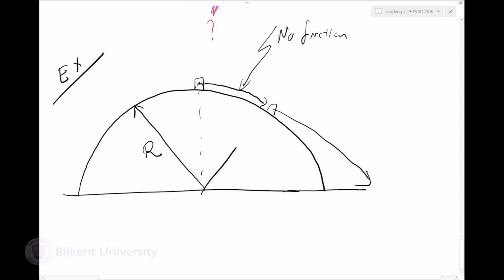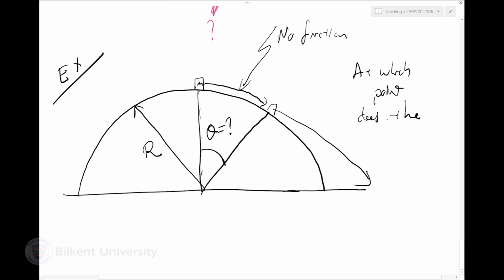So the question is, at which point does the mass leave the block?